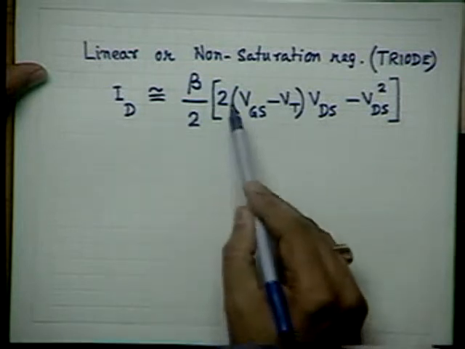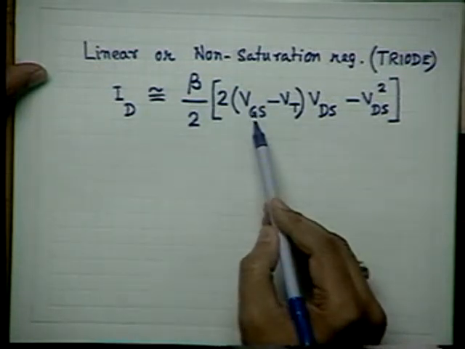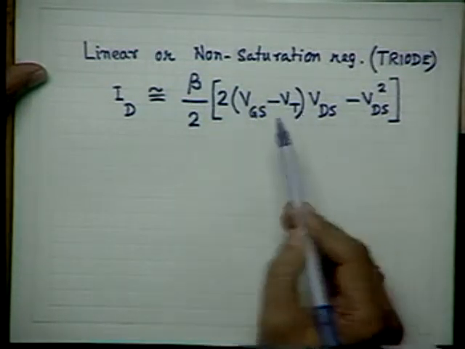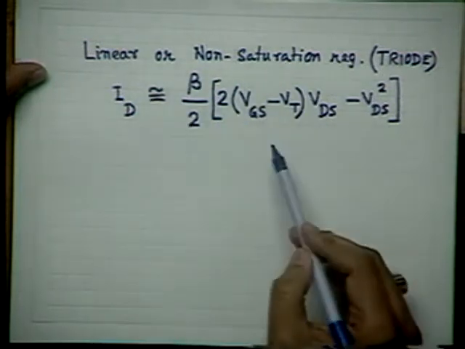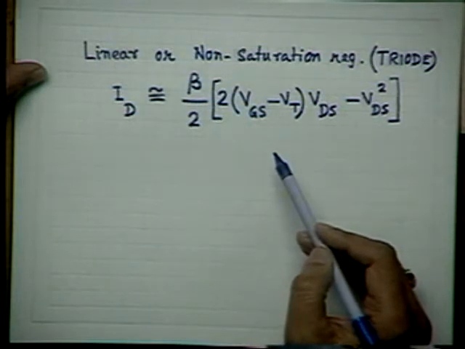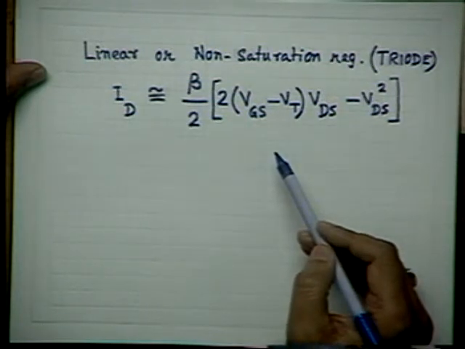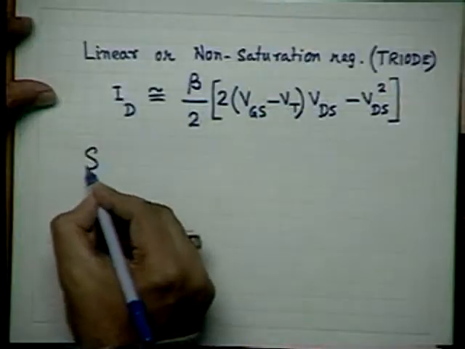And the proportionality constant is a function of VGS. The higher the value of VGS, the higher this proportionality constant, indicating higher conductance, less resistance.